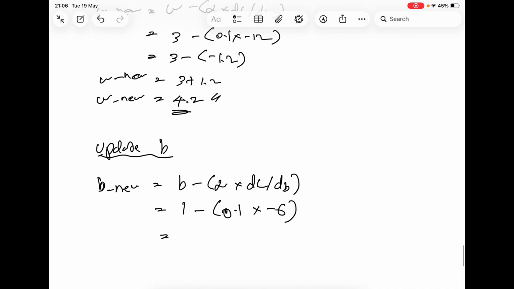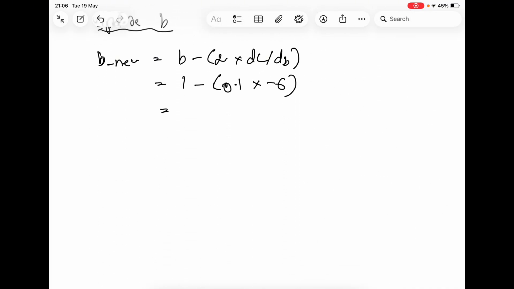Yes, minus 6. So our new b value is 1.6.